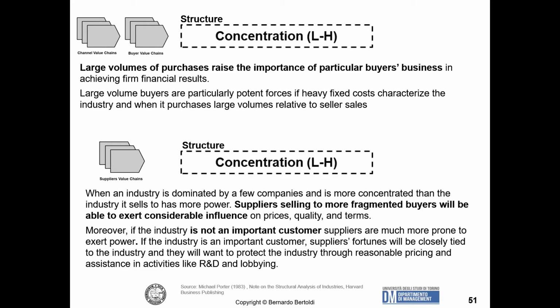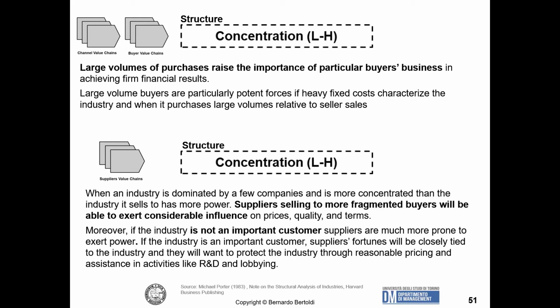So customers, if some buyers are particularly large, or they are very few buying a lot of things, usually have a lot of power vis-a-vis you and your competitors within the industry. So the concentration, the number of buyers that you have, is important.